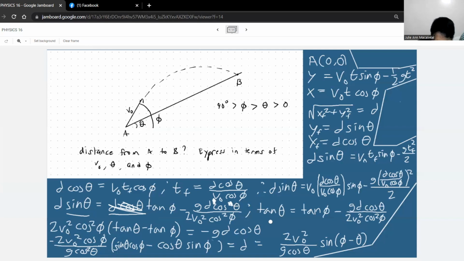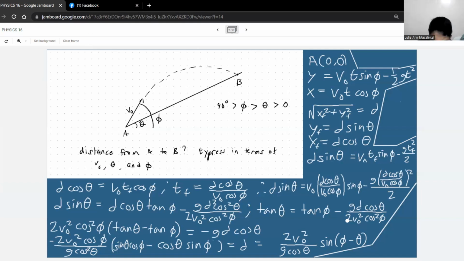Okay, so 2V naught, sige. So tangent theta equals tangent phi. Tapos sige. And then sige, i-work out ko yun.